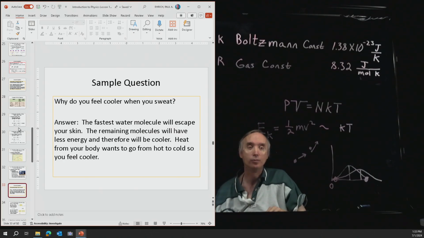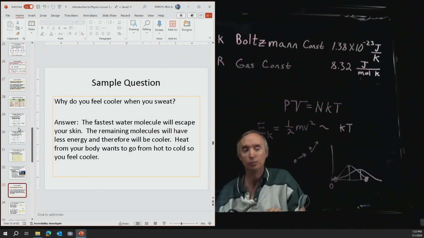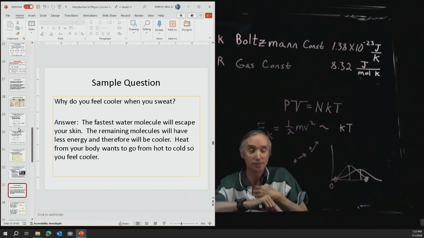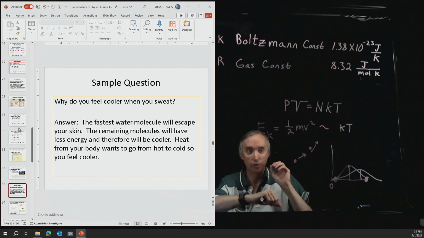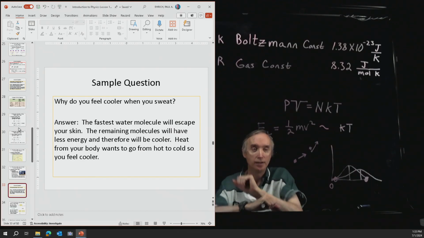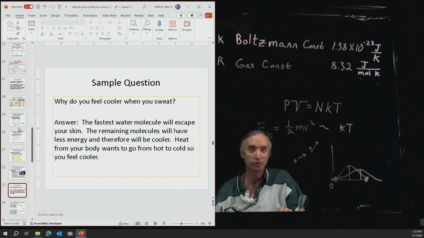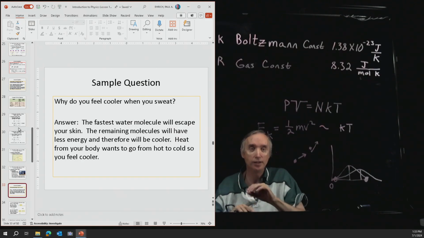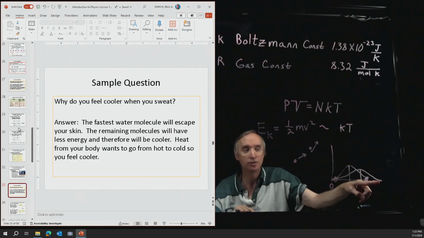And so here's another one. Why do you feel cooler when you sweat? So it's a hot day, you're perspiring, so you've got water on the surface of your skin that came from inside your body. When the wind blows across that, it makes you feel cooler. So why does that do it? You've got water on your skin, and only the fastest molecules are going to be able to evaporate.